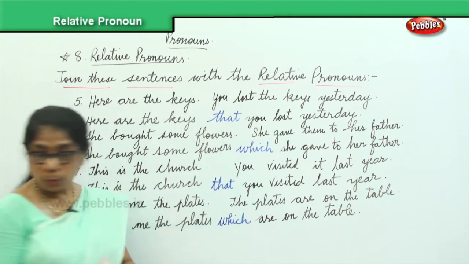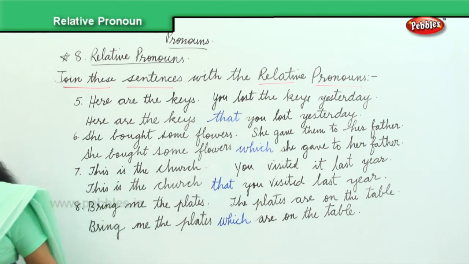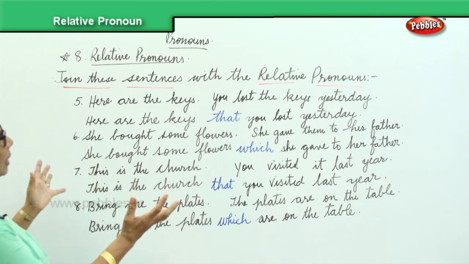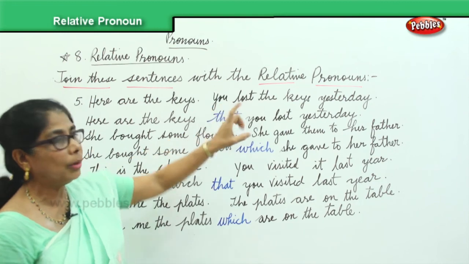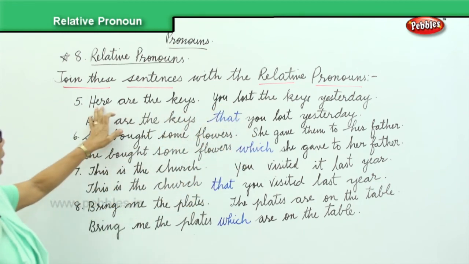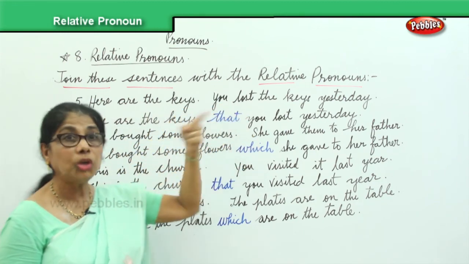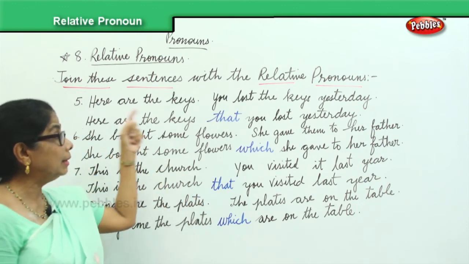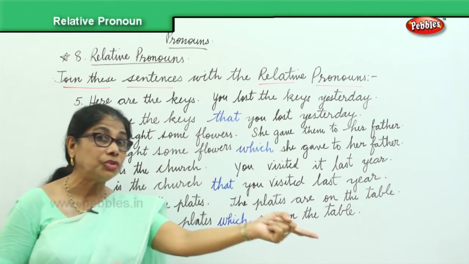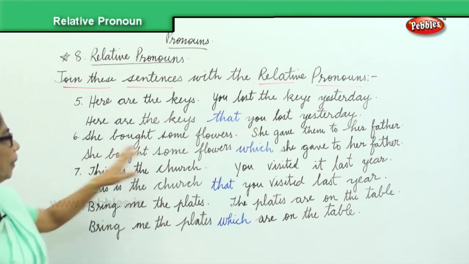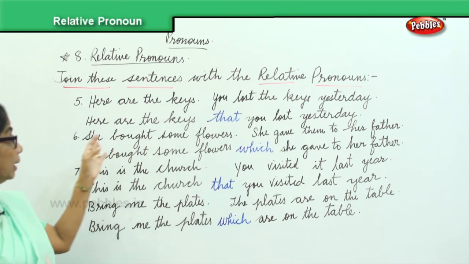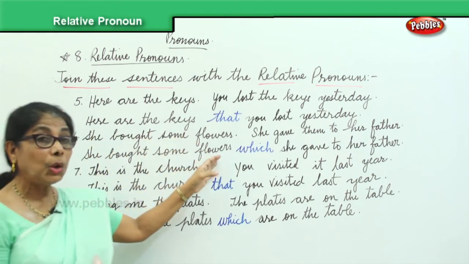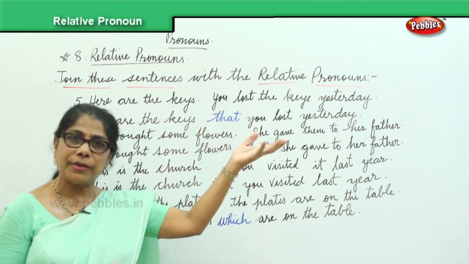Okay, now what we have done here is the relative pronoun. The 2 sentences we joined together with the help of a relative pronoun and made it into a single sentence. Here are the keys. You lost the keys yesterday. Here are the keys that you lost yesterday. She bought some flowers. She gave them to her father. She bought some flowers which she gave to her father.